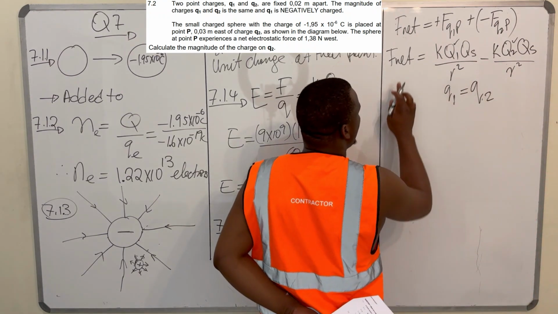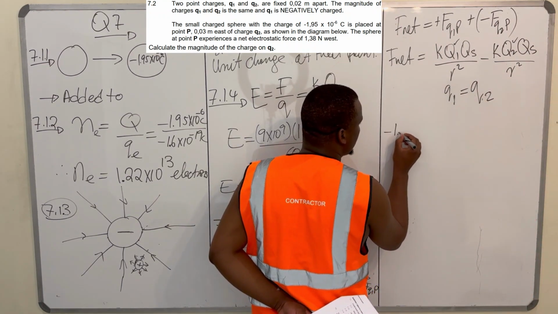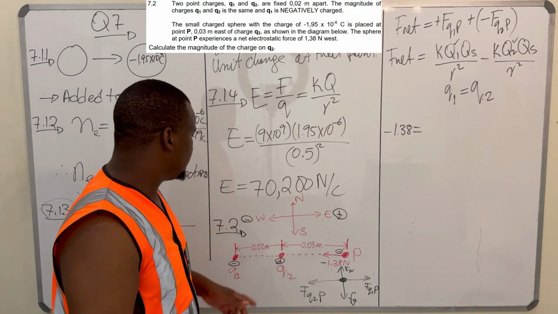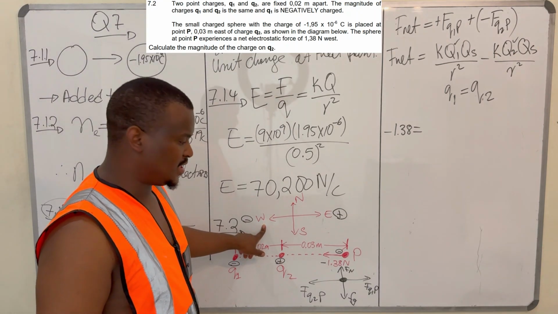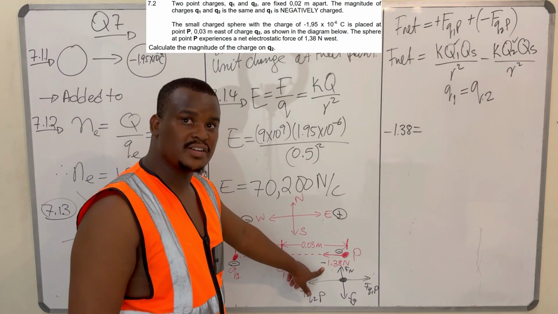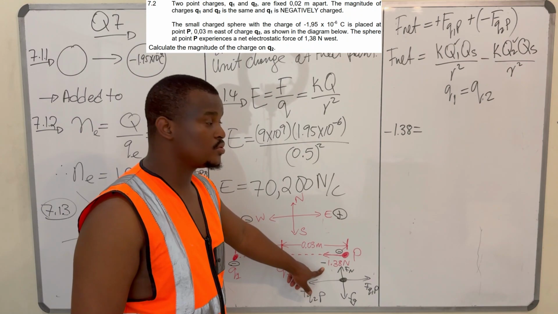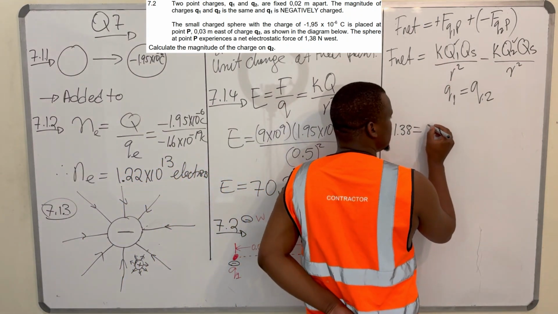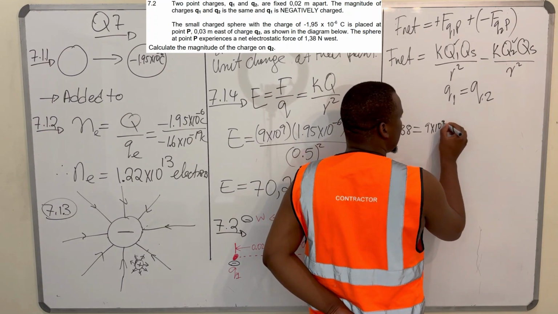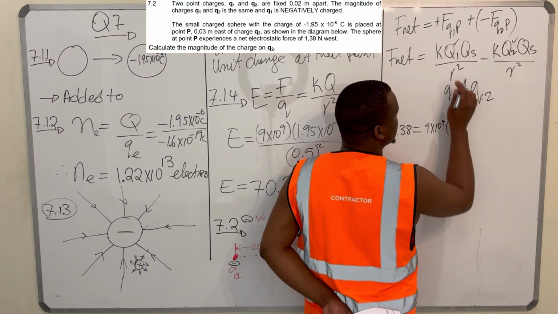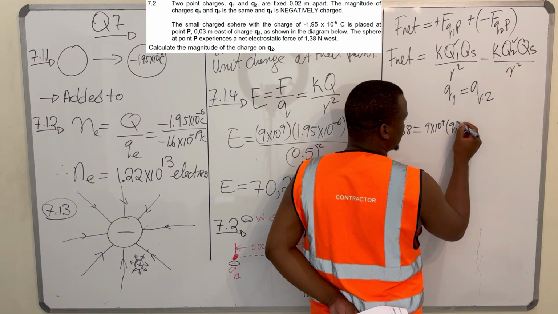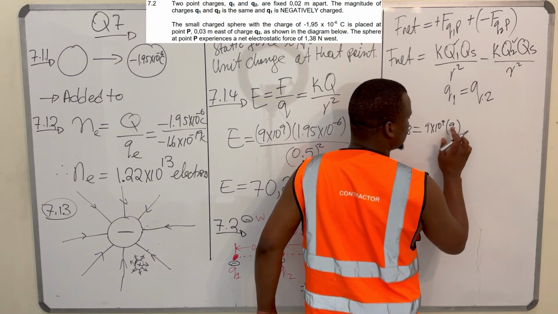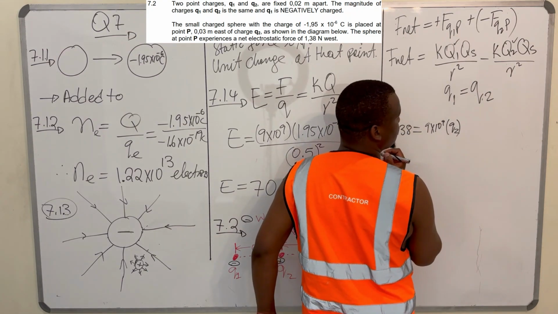So our F net is what? Is minus 1.38. I'm saying it's negative because I decided that everything to the west is negative, and we know that our net force is negative, so it is to the west. Which is K, what is K? 9 times 10 to the power 9 times Q1, right? Because we want the magnitude of Q2, which is the same anyway.